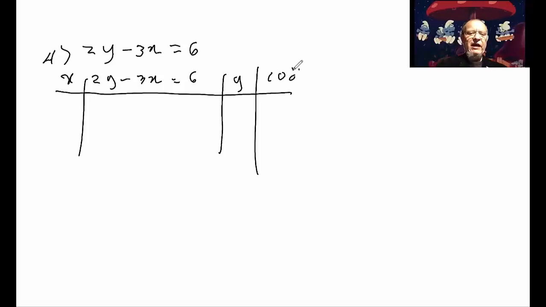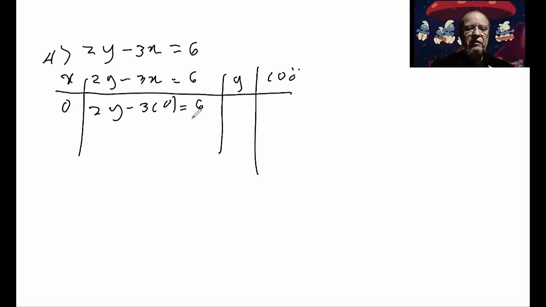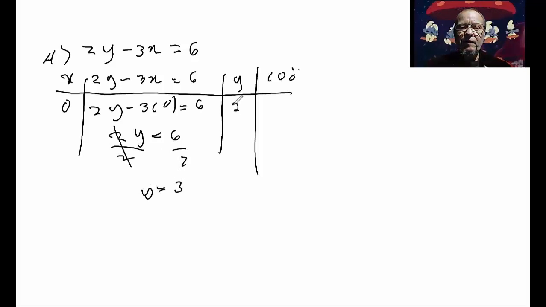So if we set x is equal to 0, that means we're going to find the y-intercept. So we have 2y minus 3 times 0 is equal to 6. So that's 2y is equal to 6. Divide by 2, divide by 2. So y is equal to 3. So our coordinate is 0, 3.